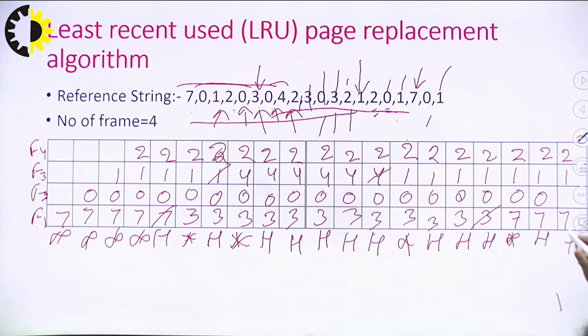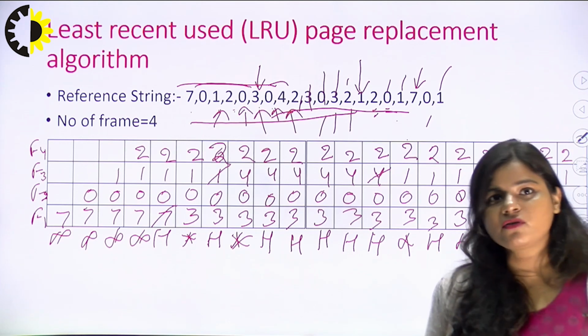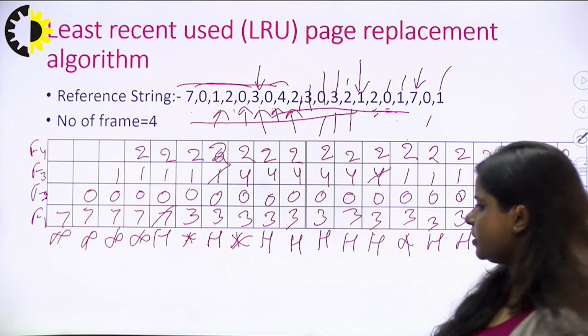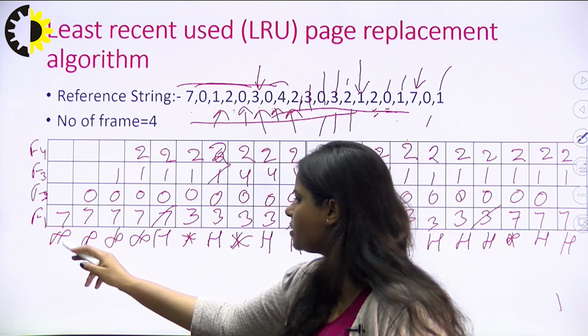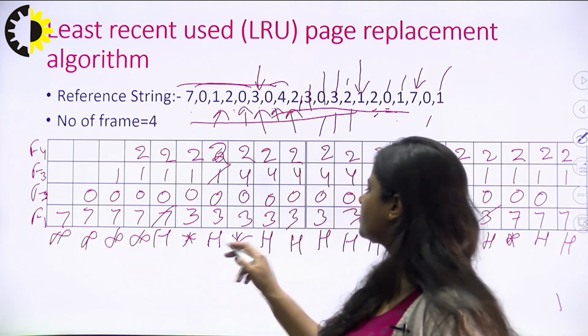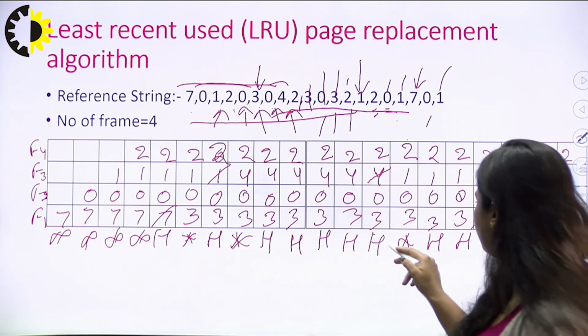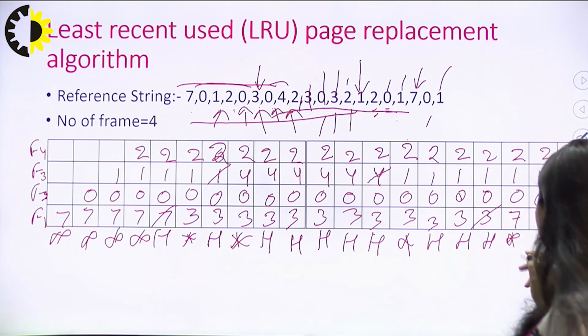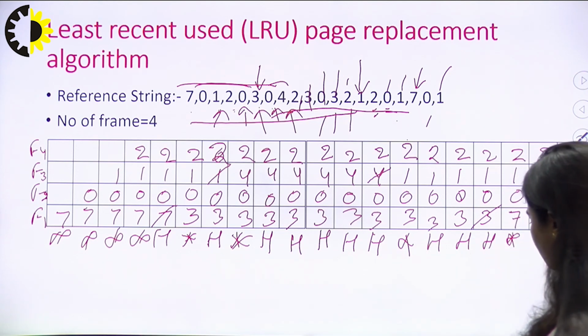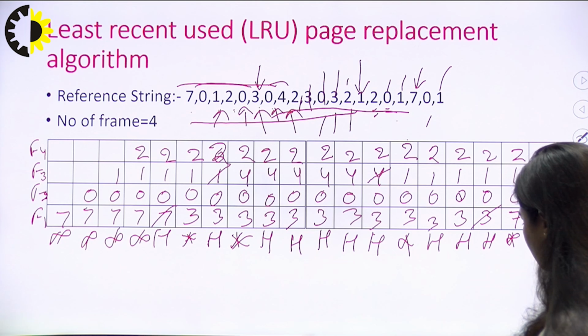Okay. So again we will count the number of hits, number of page faults. So let's count first the number of references total. 1, 2, 3, 4, 5, 6, 7, 8, 9, 10, 11, 12, 13, 14, 15, 16, 17, 18, 19 and 20.